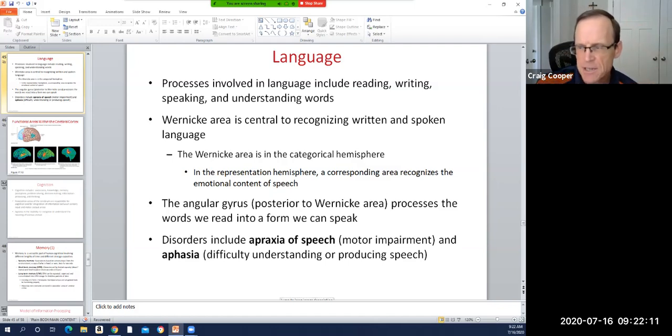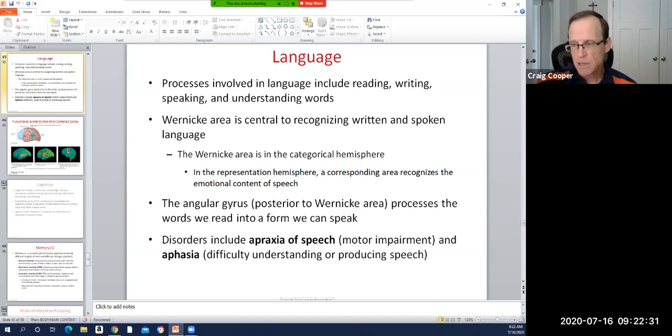And then within aphasia, you can have what's called receptive aphasia, expressive aphasia, or global aphasia. Receptive aphasia is difficulty understanding. I'm hearing something said, but it doesn't make sense to my brain, so I don't know how to respond to it.